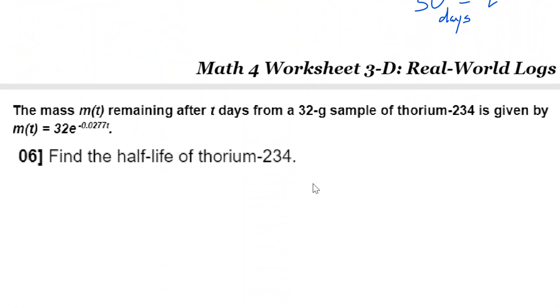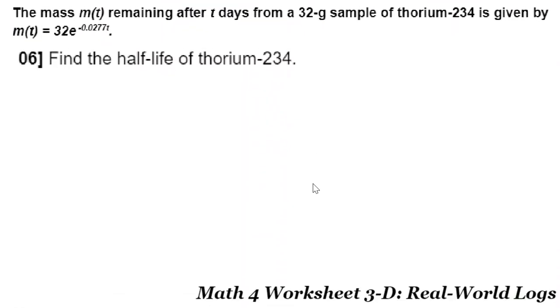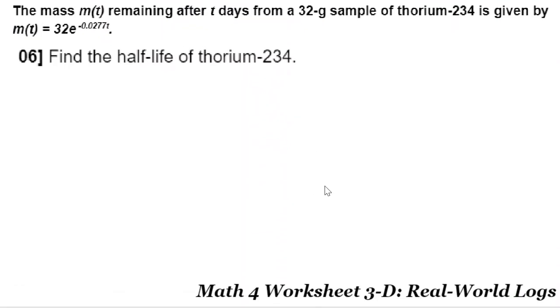Now, we have to figure out what is the half-life. Well, we knew that the formula originally looked like this. And so we know what R is. Now remember, the original formula had a negative in the formula. So R itself is not negative.